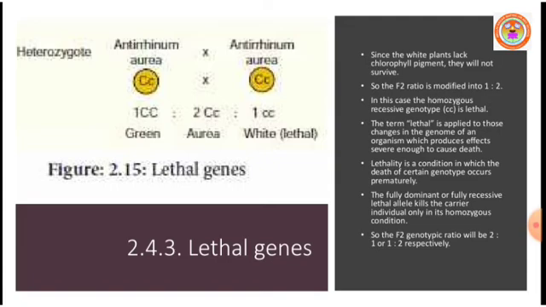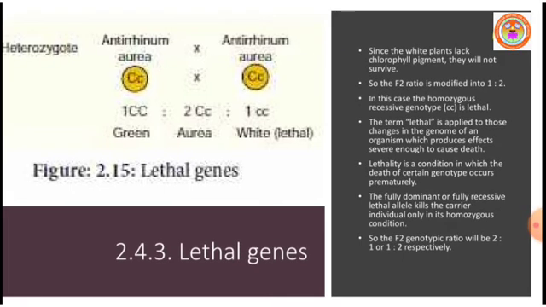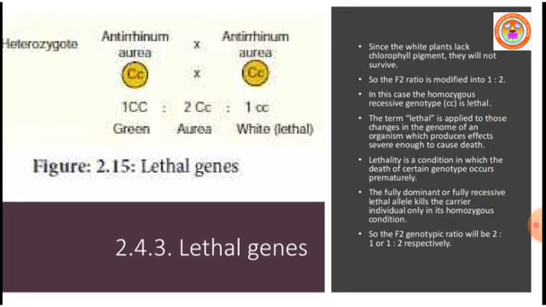The term lethal is applied to those changes in the genome of an organism which produce effects severe enough to cause death. Lethality is the condition in which death of a certain genotype occurs prematurely.